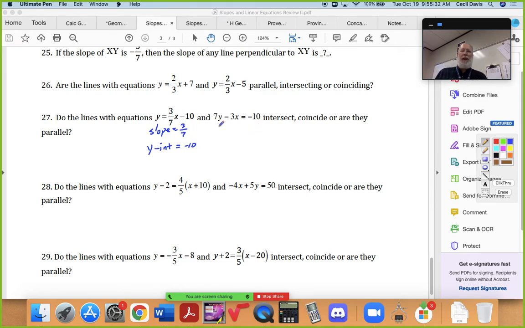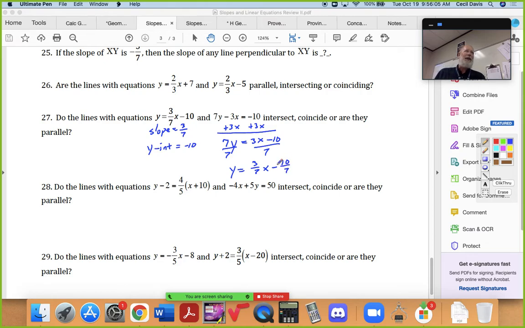So we want the y to be by itself, so I'm going to add 3x to both sides to start with. So I'll still have 7y, but I won't have any x's left on the left, equals 3x minus 10. Then I still need to get y by itself, so I'll divide both sides of the equation by 7. That'll be y is equal to 3/7 x minus 10/7.